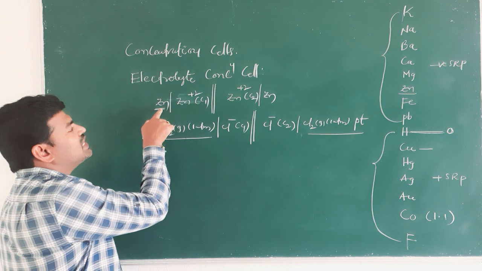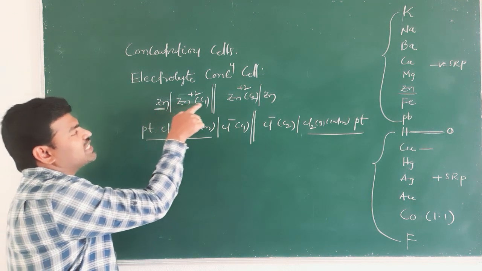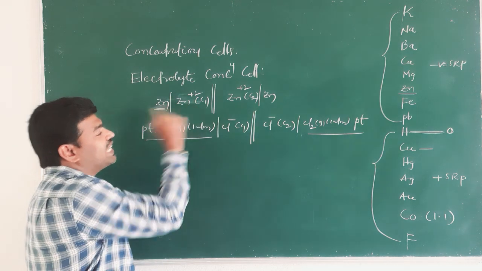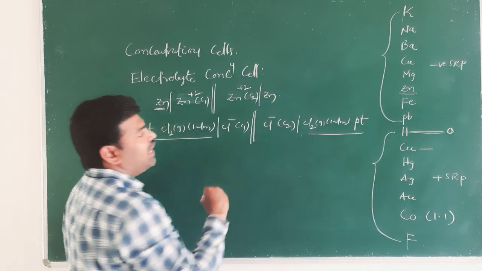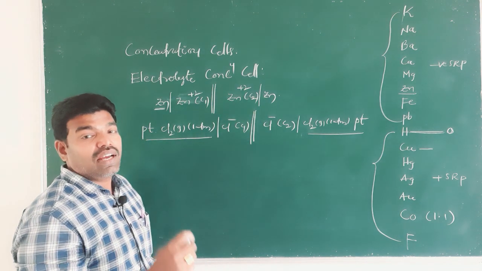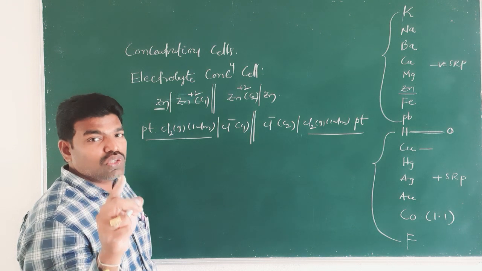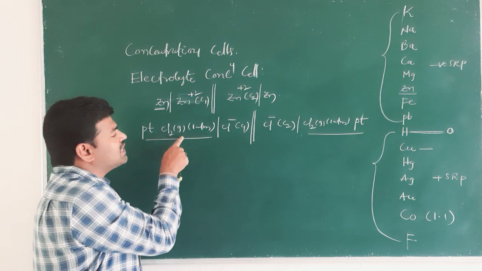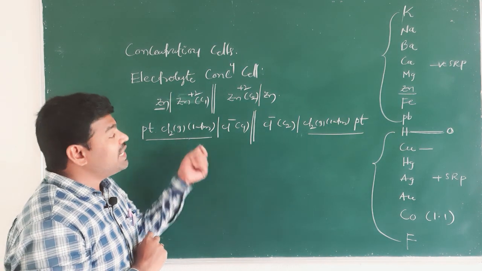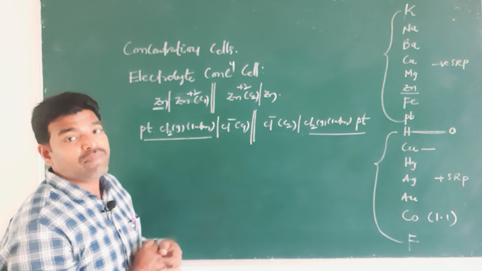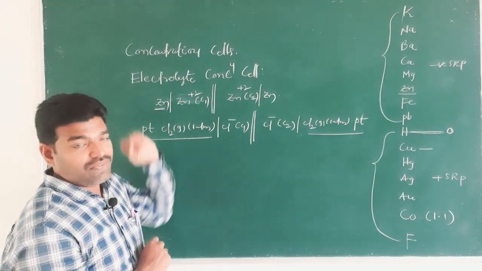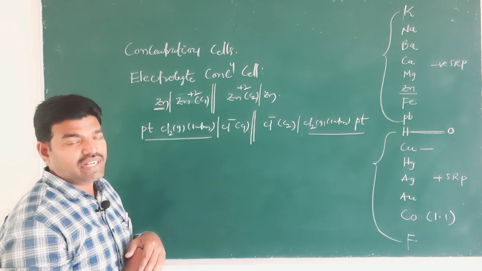The earlier cell is an example of an electrolyte concentration cell reversible with respect to positive ions or cations, and this is another example, reversible with respect to anions. These are the two examples of electrolyte concentration cells.